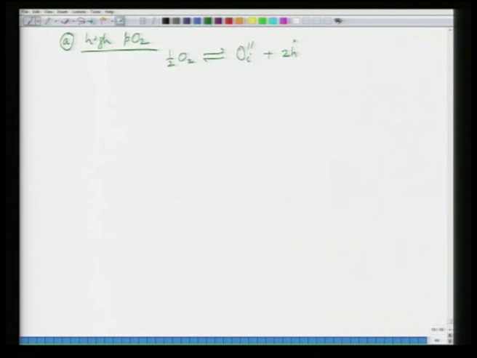As a result, the reaction constant you can work out as KOI equal to OI double prime multiplied by NH square divided by PO2 to the power half.